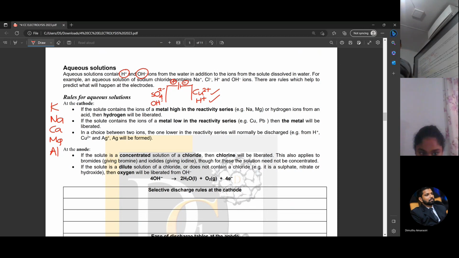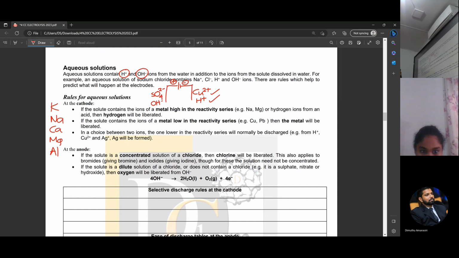Because down the group, metals are more reactive, and on the right hand side, metals are less reactive. So the most reactive one is the most left and the lowest. But we are not taking the rest of them. So: potassium, sodium, calcium, magnesium, aluminium.